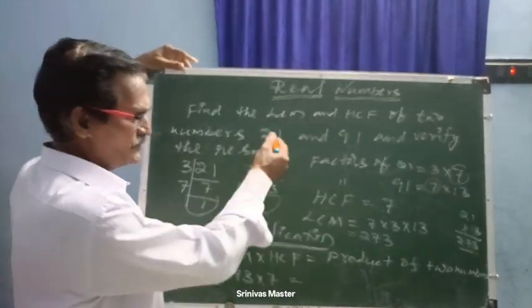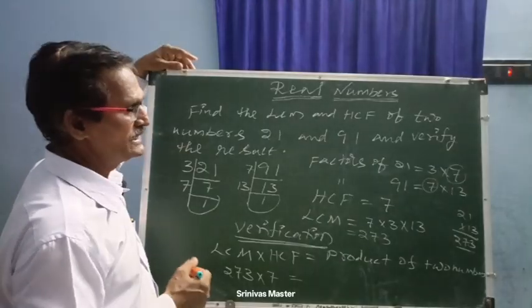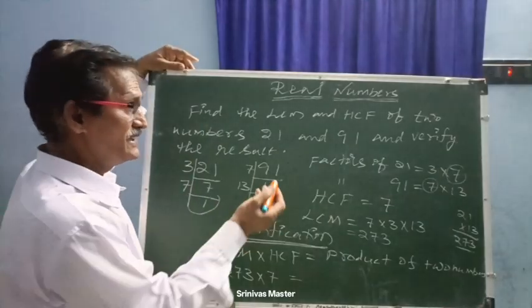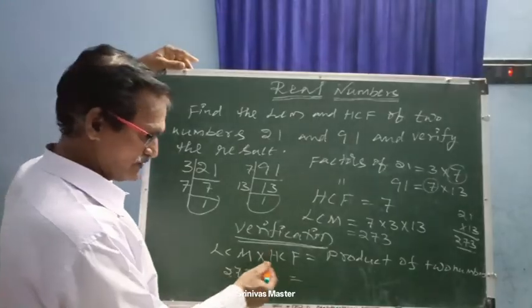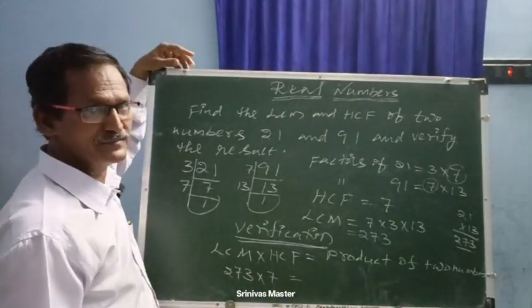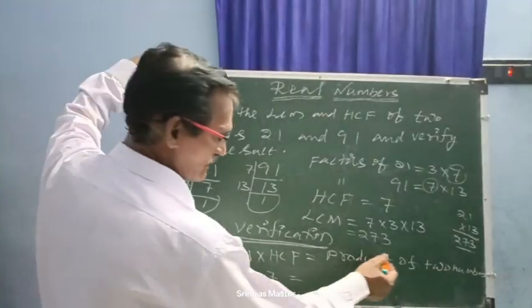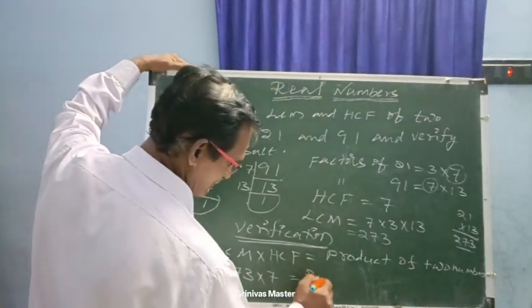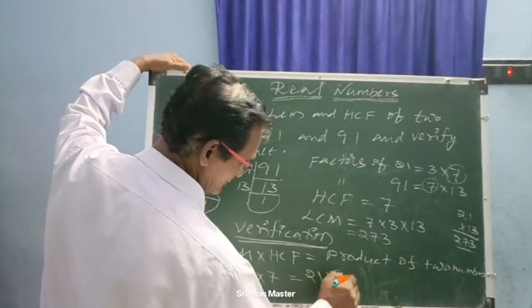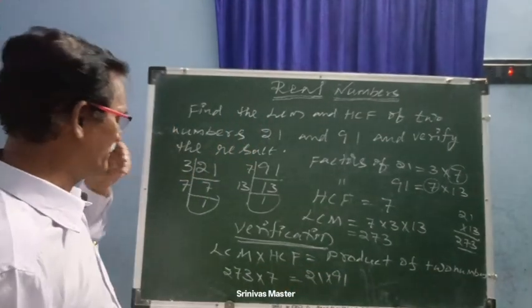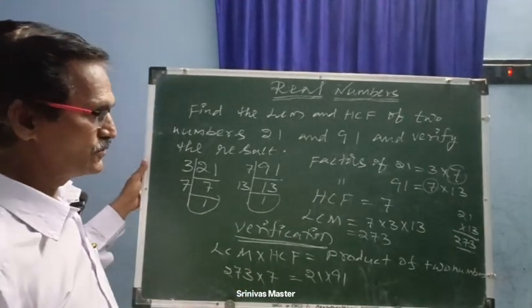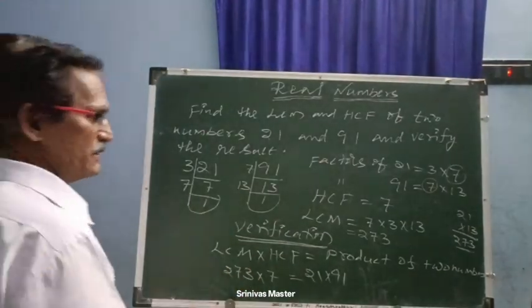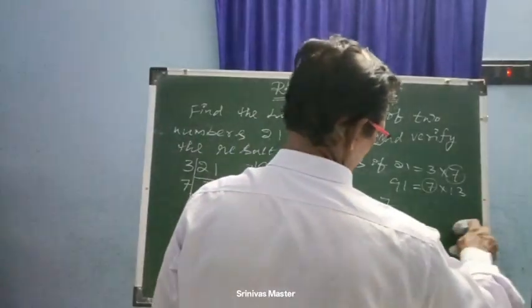That means if A is 21 and B is 91, then you can write LCM into HCF is equal to A into B. So the product of two numbers means 21 into 91. Just check whether it is correct or not. 273 into 7, just multiply. What will it become?